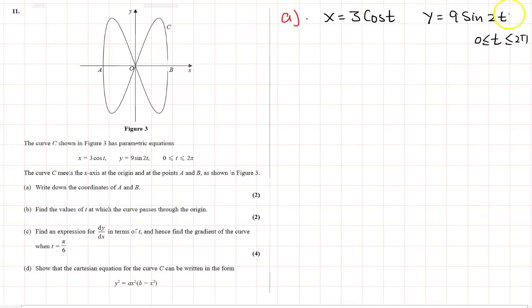That is the definition of this function. The curve meets the x-axis at A and B. At A, y is equal to 0. So 9 sin 2t is equal to 0.